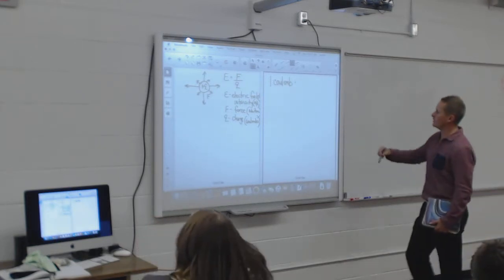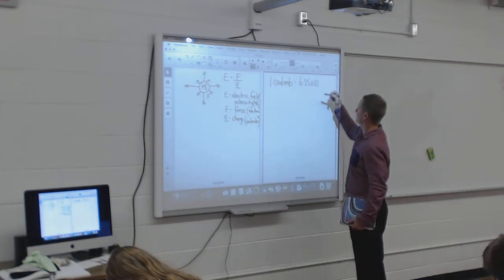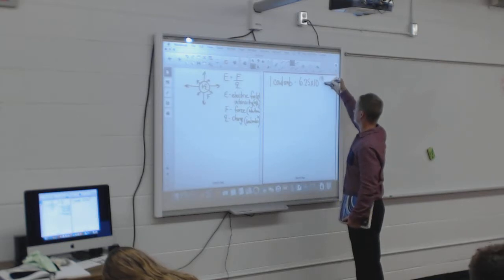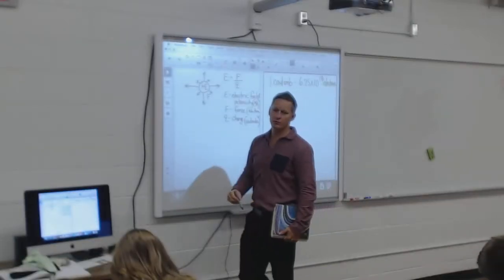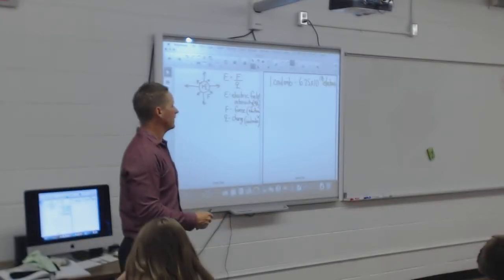In this case, 1 coulomb of charge is 6.25 times 10 to the 18 electrons. So 1 coulomb of charge is 6.25 times 10 to the 18 electrons.